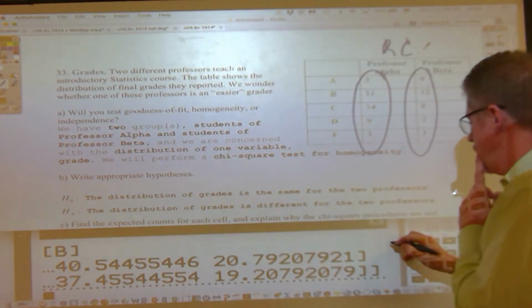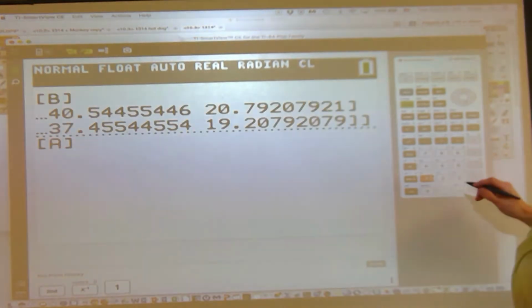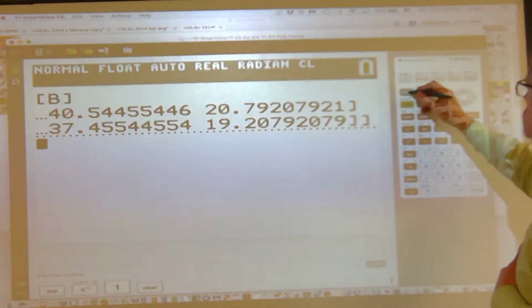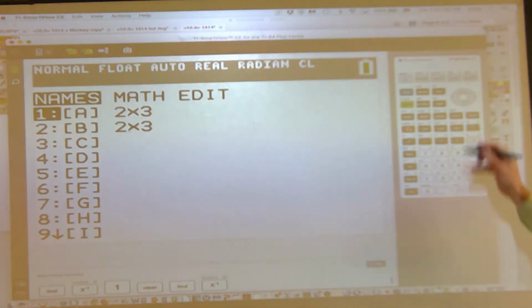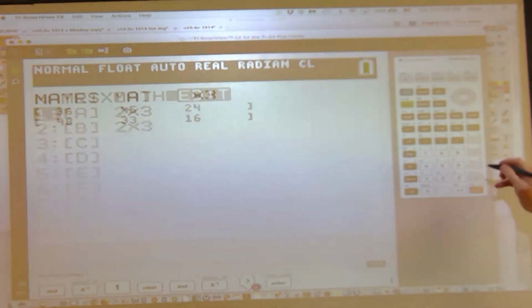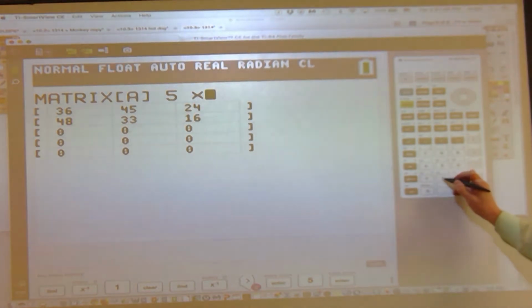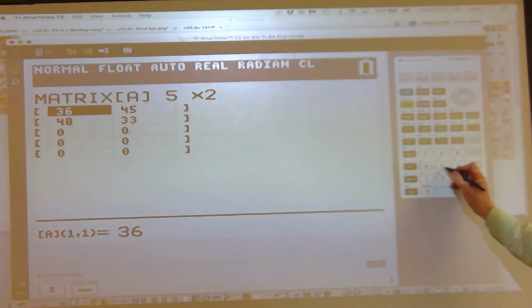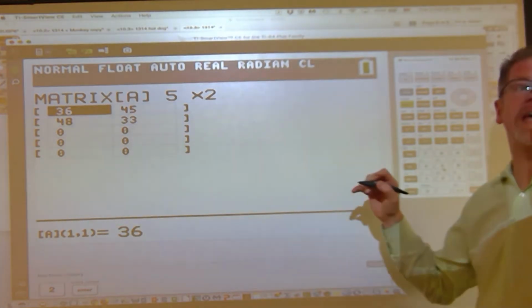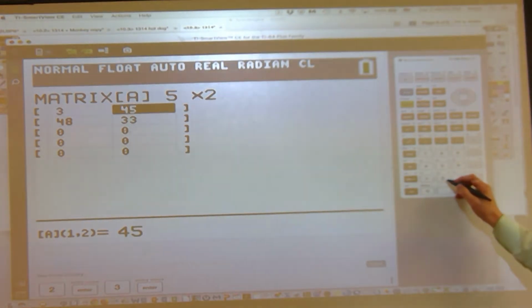So we're entering a 5 by 2. All right, Kayla, would you give me the rows starting with row 1? 3, 9.